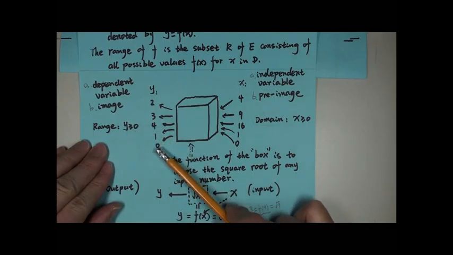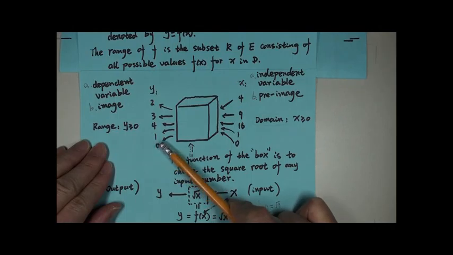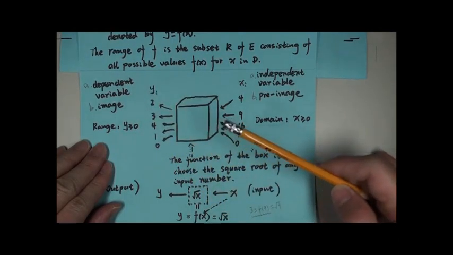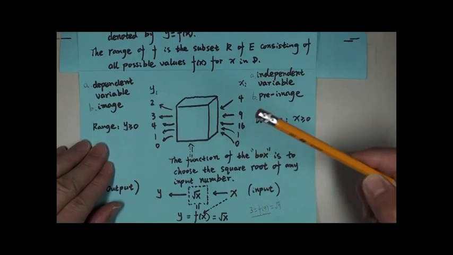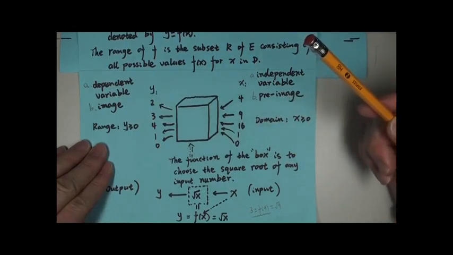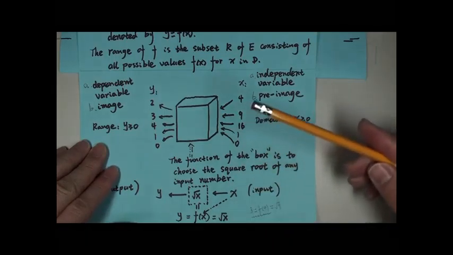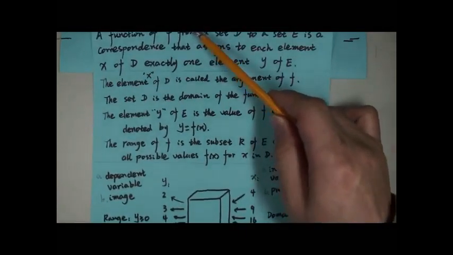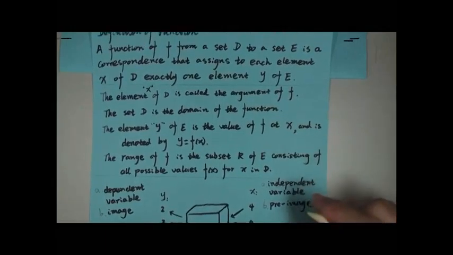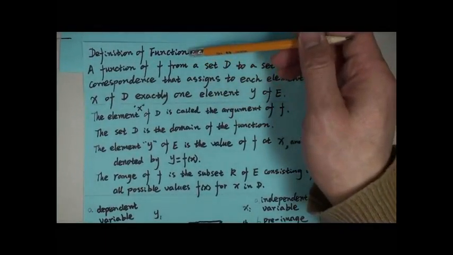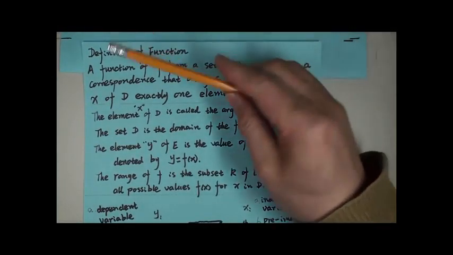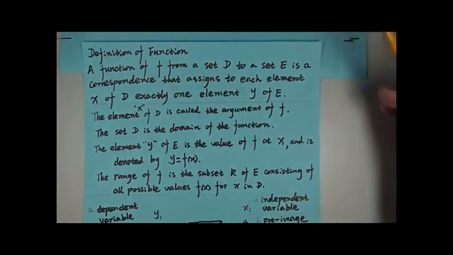You see from 0 and all the way up: 1, 2, 3, 4, 5, 6. So that's the meaning of the function. We'll see more examples later about the meaning of the function.